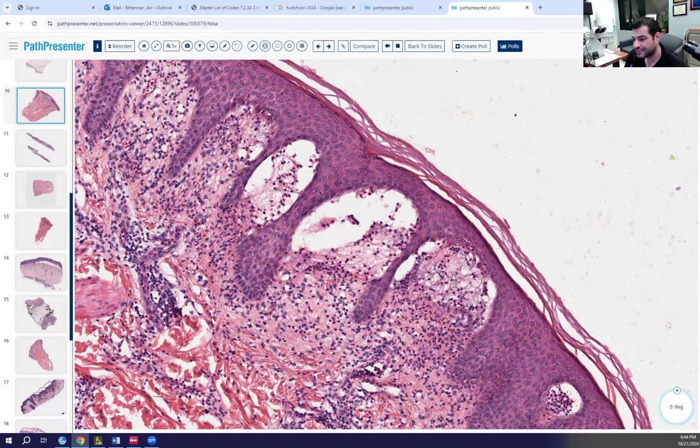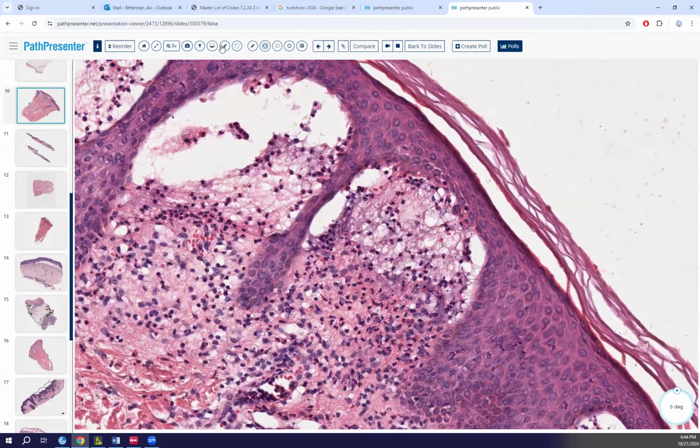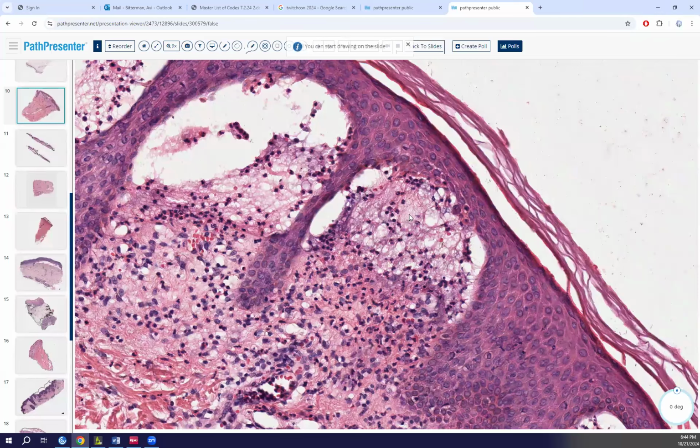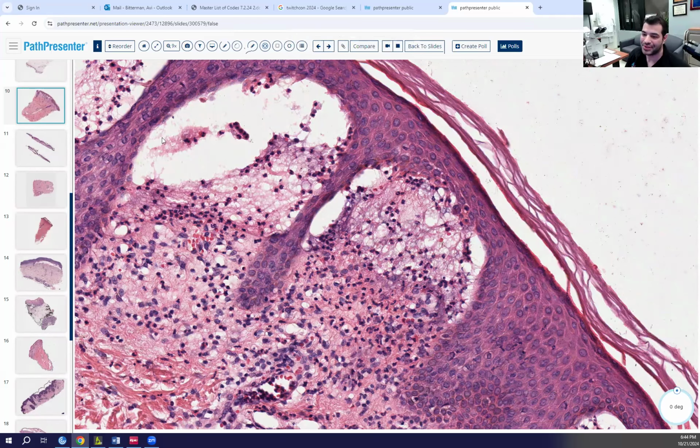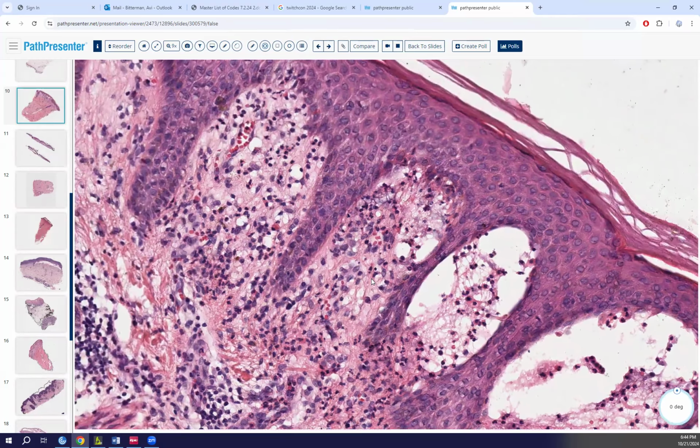Granular. For DH, there's no linearity to it. Yeah, it's going to be granular, right? As opposed to what it's going to be linear in? Linear IgA bullous dermatosis.